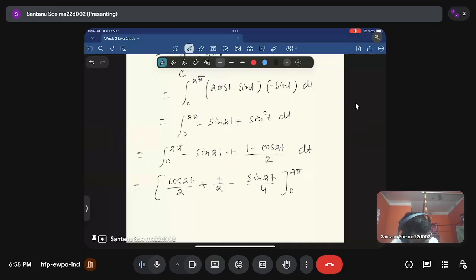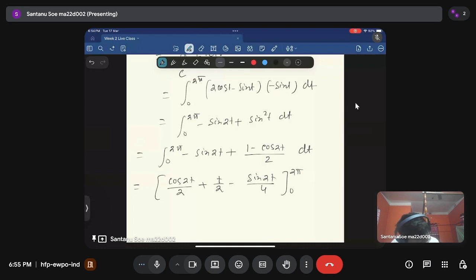So this will be 1 by 2 plus pi minus 0 minus 1 by 2 minus 0.